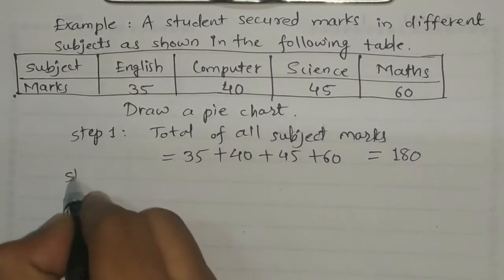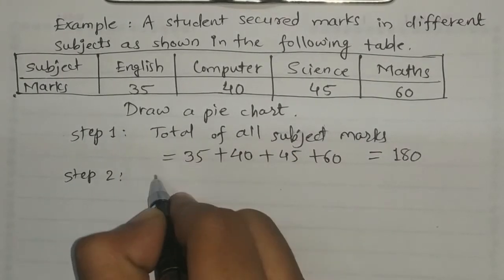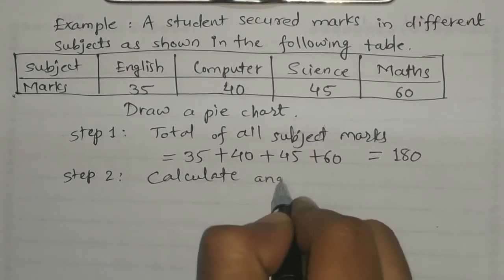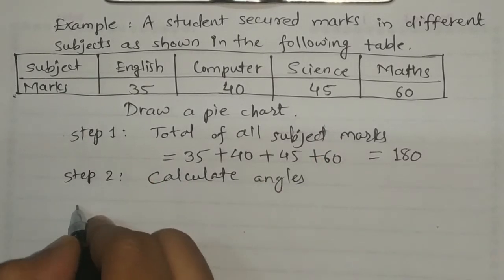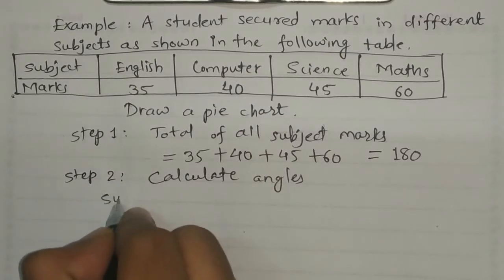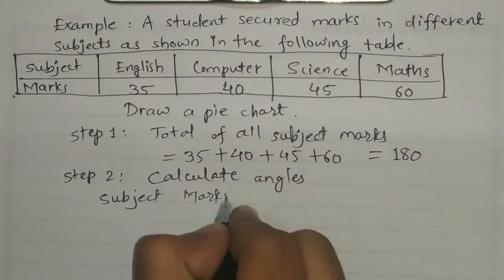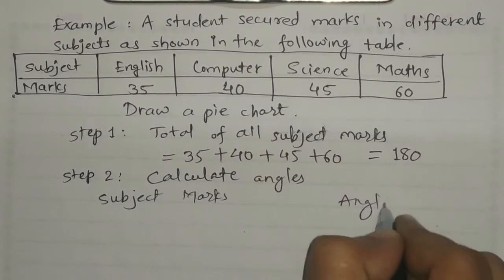Now in step 2, we are going to calculate angles. For calculating angles, we'll write down here subject, marks, and angle.